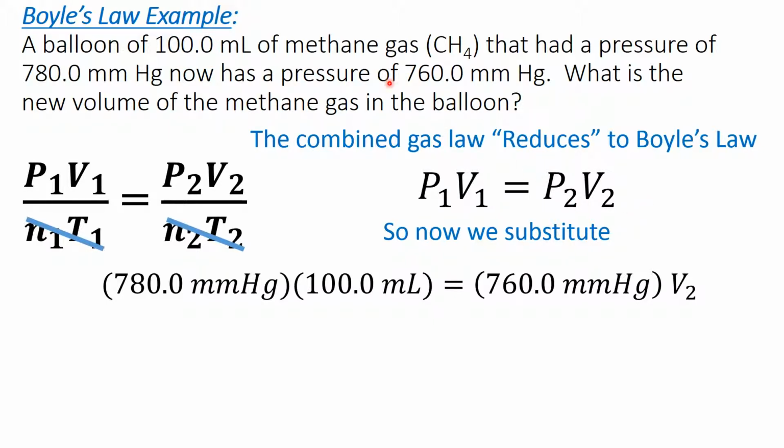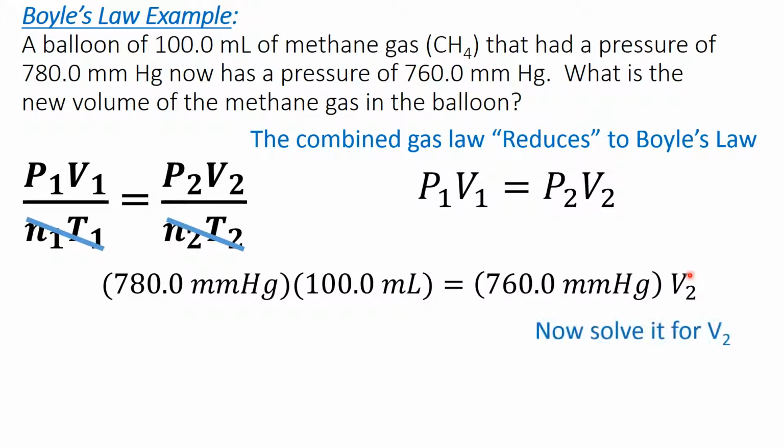P2 is in the word problem up here. It says it now has a pressure of 760 millimeters of mercury. And V2 is our unknown. So that's the new volume that we're going to solve for. So we plug these into the equation. P1V1 equals P2V2. And we need to solve for V2.